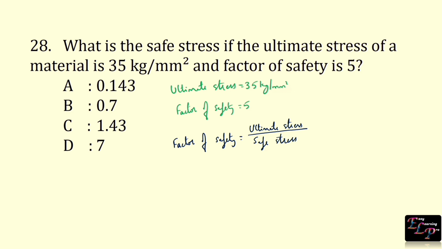Factor of safety is 5. Ultimate stress is 35 divided by safe stress. Safe stress will be 35 by 5, which is equal to 7.